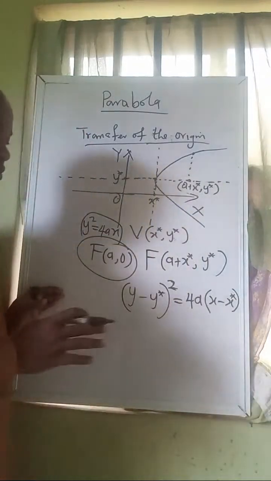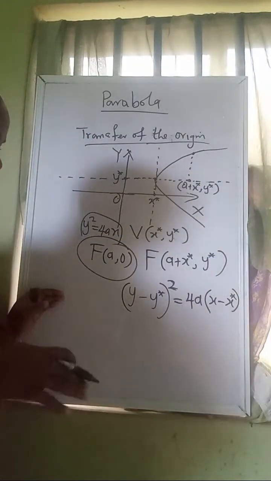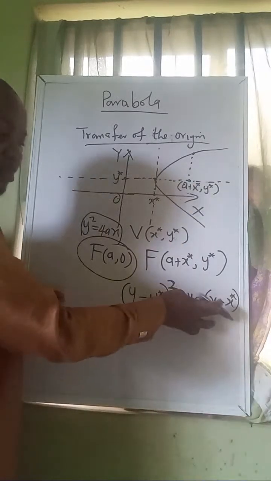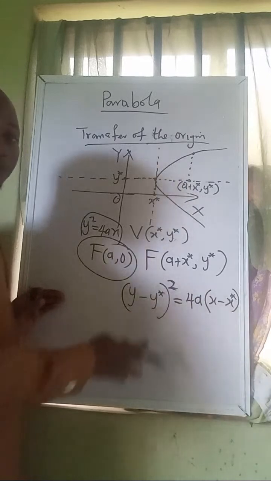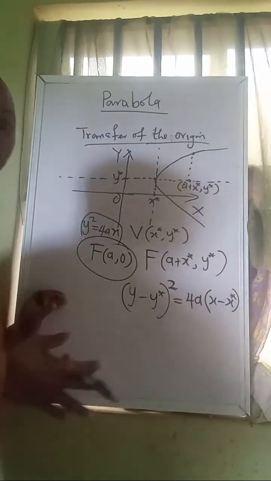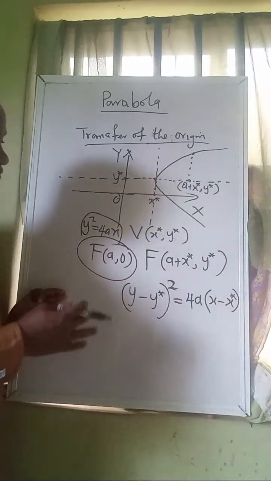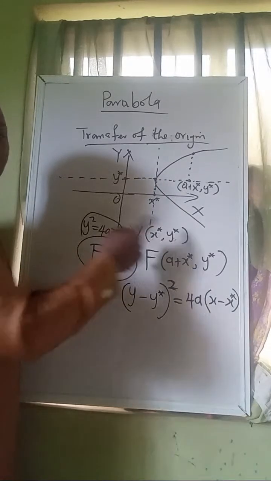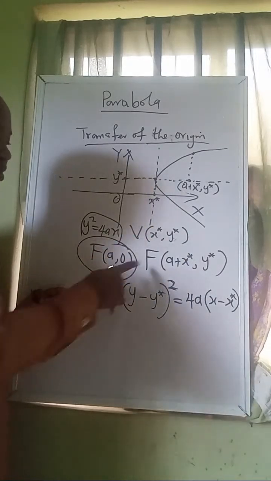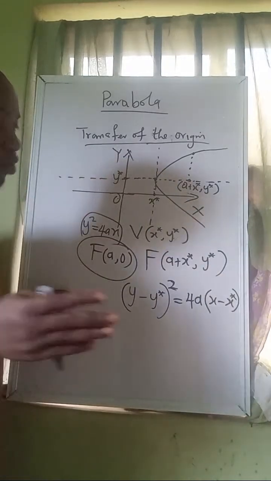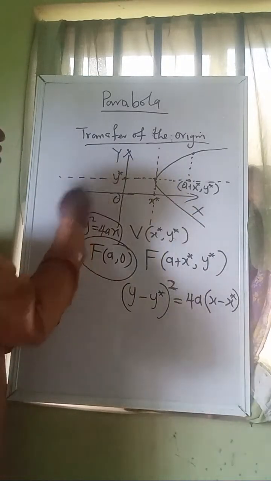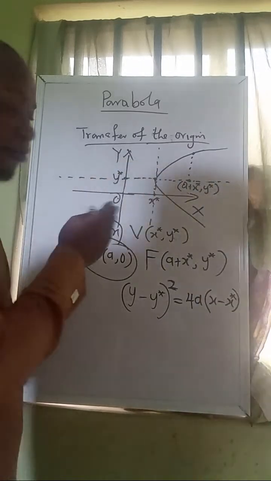So this is how we do this. We have replaced the point here. This equation now is the equation of a parabola whose vertex is (x star, y star), and the focus in this case will be of this form. Similarly, we can use the same thing for all other forms.